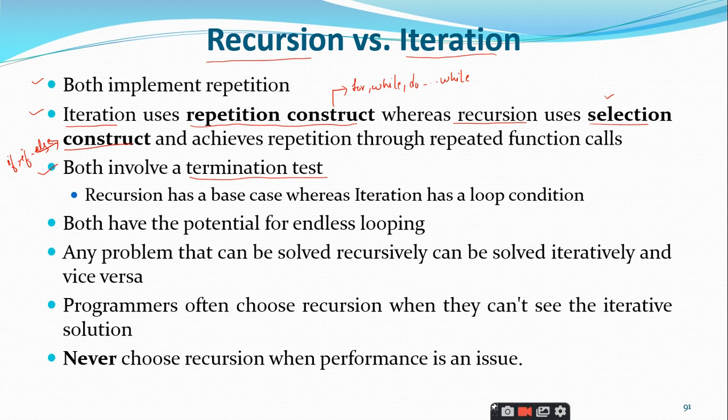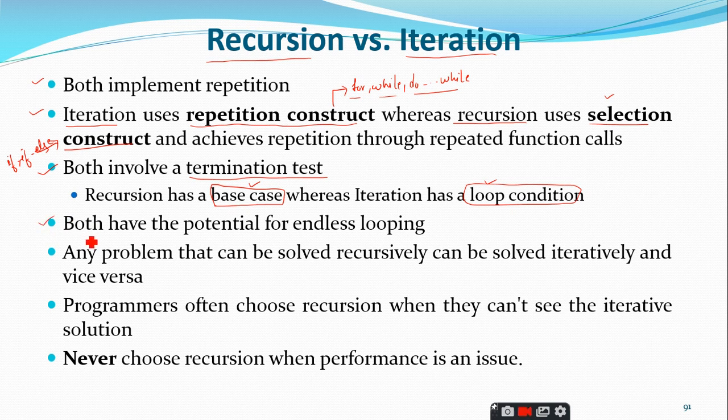If it is iteration, it will end up in an infinite loop, and if it is recursion, it will end up in a segmentation fault problem, right? The termination condition is specified in loops with the loop condition, whereas in recursion the termination test is given in terms of the base case. So iteration has loop conditions.